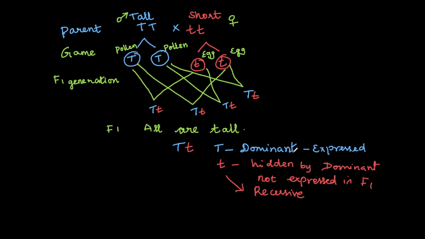The character expressed in the F1 generation is T, which is dominant, and small t is recessive, hidden by the dominant and not expressed in F1. So this is the law of dominance by Gregor Johann Mendel, Mendel's first law of inheritance.